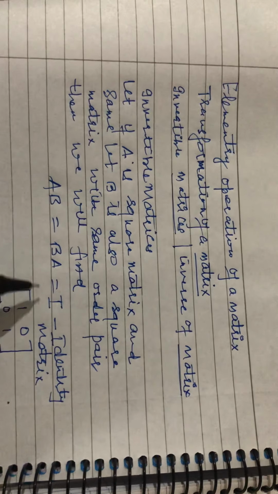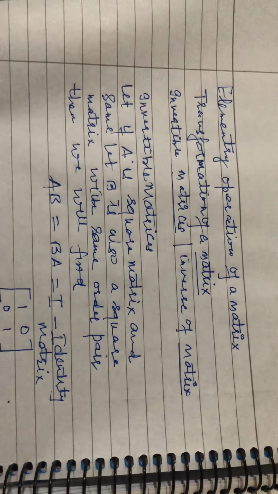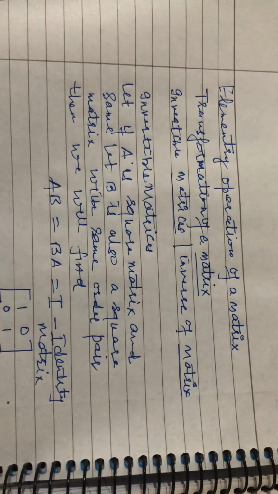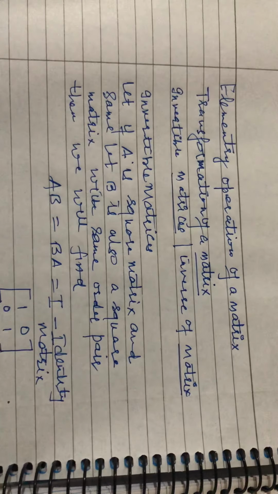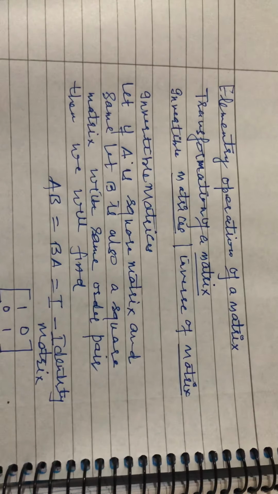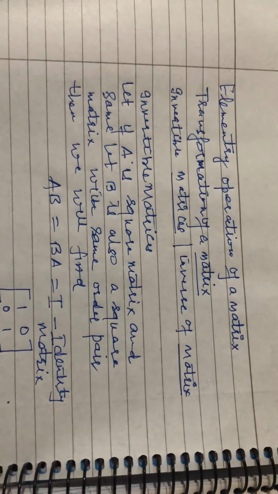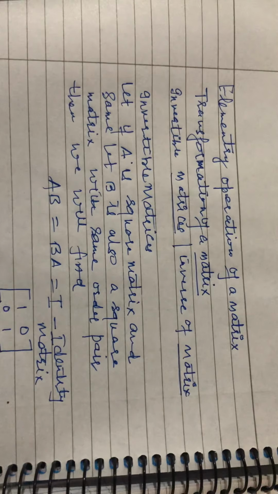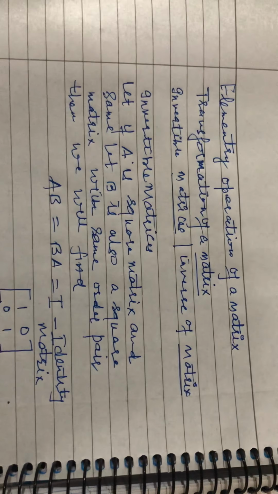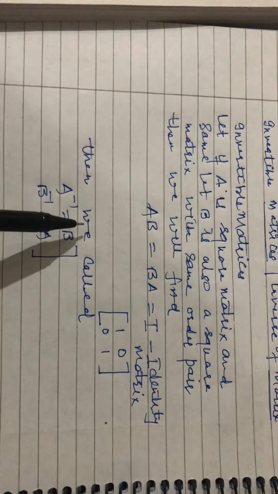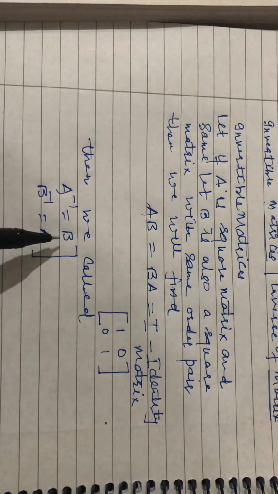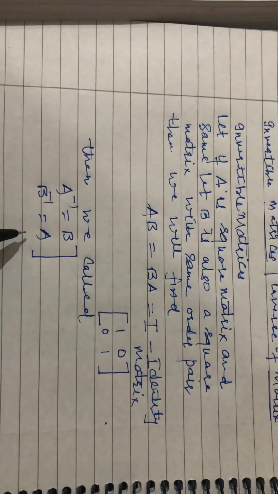Then AB is equal to BA is equal to I, and we call B the inverse of A. Similarly, the inverse of B is A. Means A is the inverse of B and B is the inverse of A. Clear about the invertible matrix?